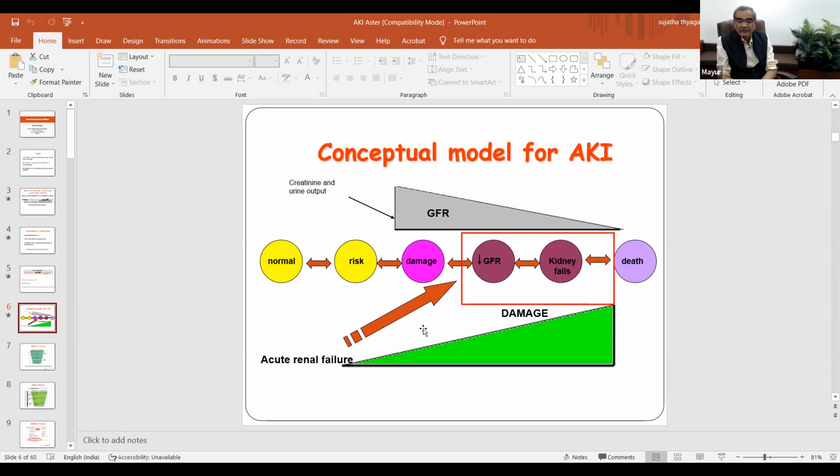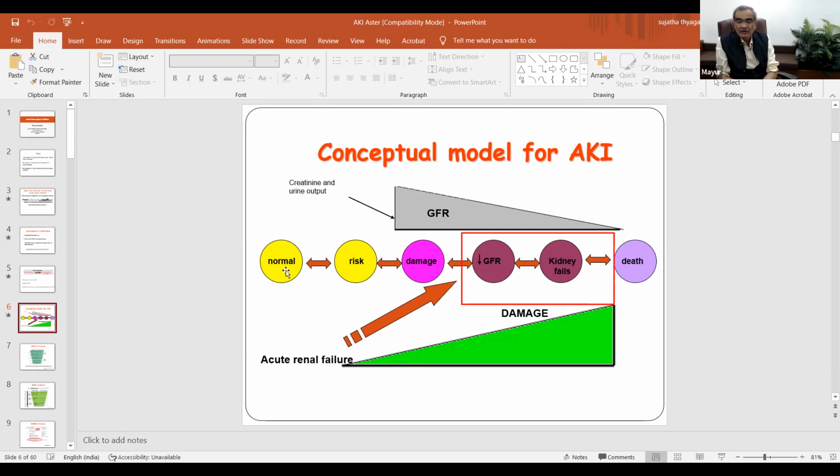And we used to pick up acute renal failure in olden days after the GFR has fallen substantially, and that is calculated from the serum creatinine and by modified Schwartz formulas, and that is already too late actually, because the damage has already started here.